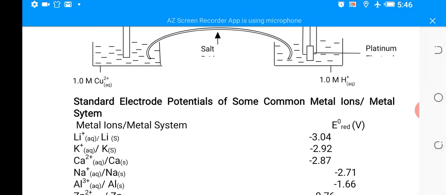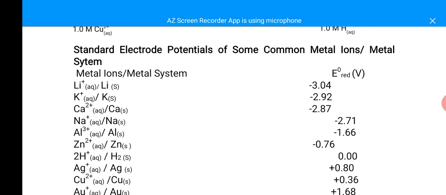Now, this table gives us the standard electric potential of some common metal ions, or common metal systems, when they are connected to hydrogen, as we have it here. So, to know what their potential is: lithium ion to lithium atom system, we have minus 3.04. Potassium ion to potassium atom, minus 2.92.